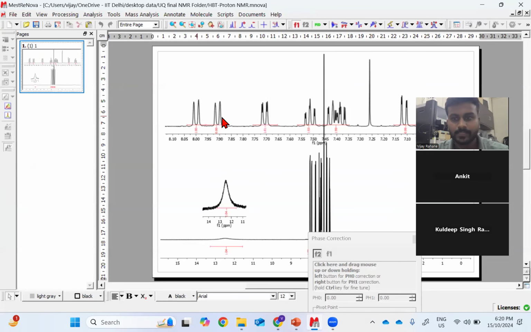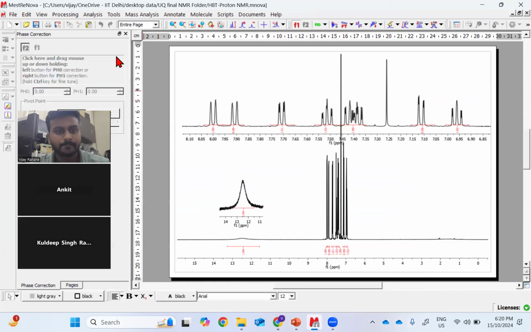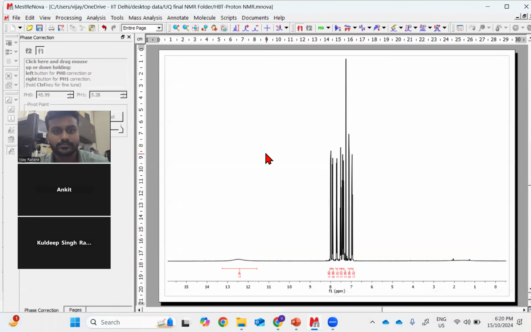So this is the 1H spectrum for one of the molecules, and I will show from the start how we process it. From the NMR instrument, we generally get this sort of NMR data.